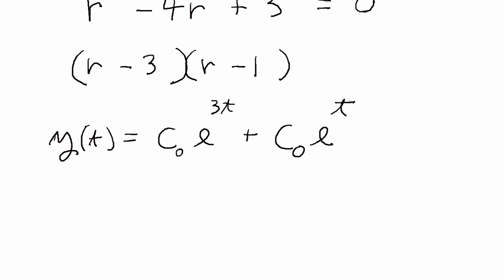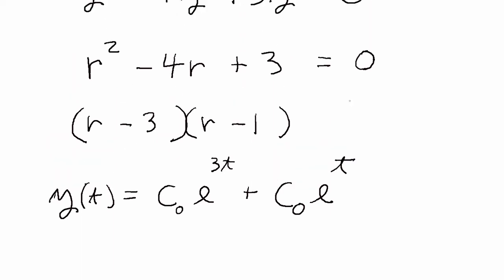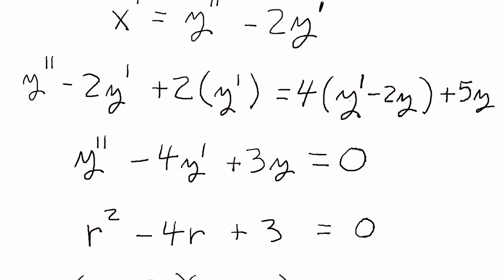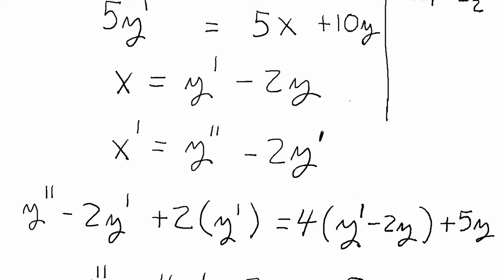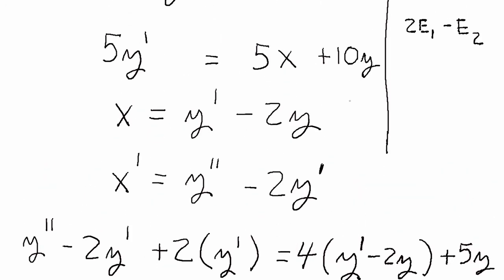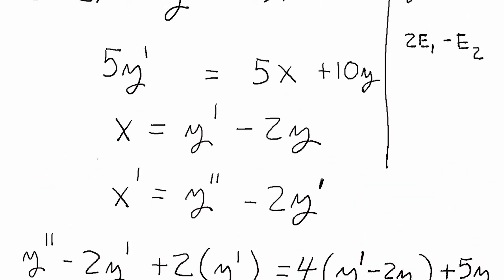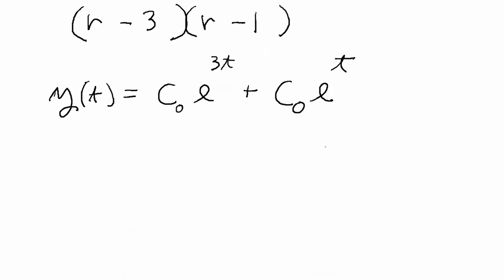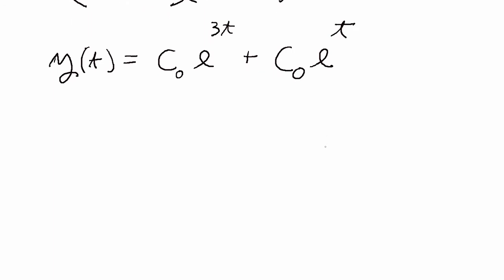Now we need an expression for x also, and that will come from this equation right here. As we know, x is y prime minus 2y, so all I need to do is find the derivative.